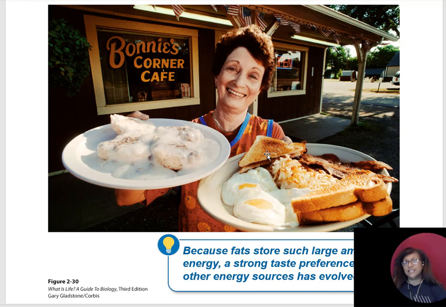And when we give in to that, then that's when we can have a problem with obesity. So don't feel bad when your body is actually looking at these foods and wanting them. So is every human on the planet, because that's what we've evolved to do. However, there's a reason for it.